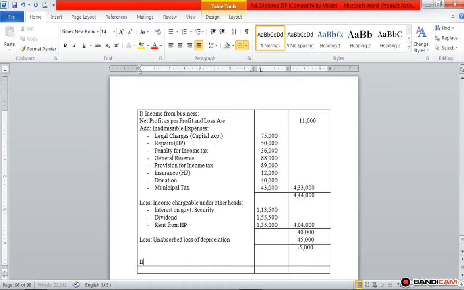Then we find out the second point, income from house property. Here the gross annual value is the rent received, amounting to rupees 1,35,000.